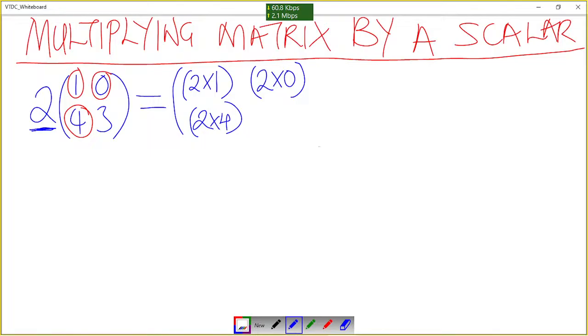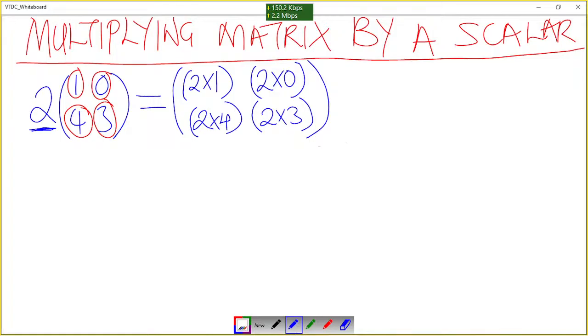We close the bracket and open another bracket, and then we multiply by this number 3, so it becomes 2 by 3, and then we close the entire matrix.